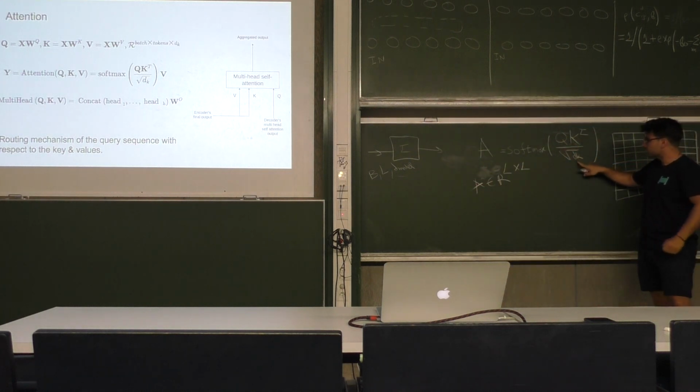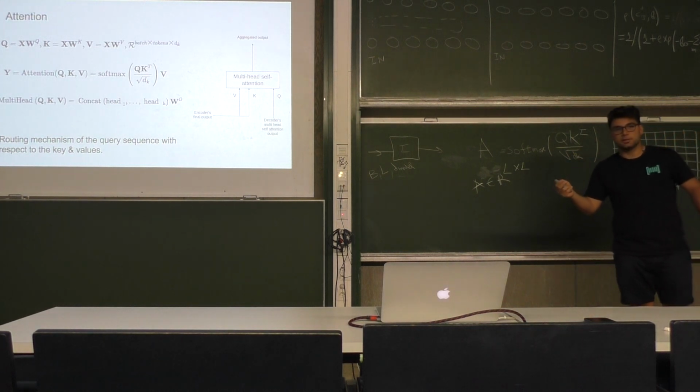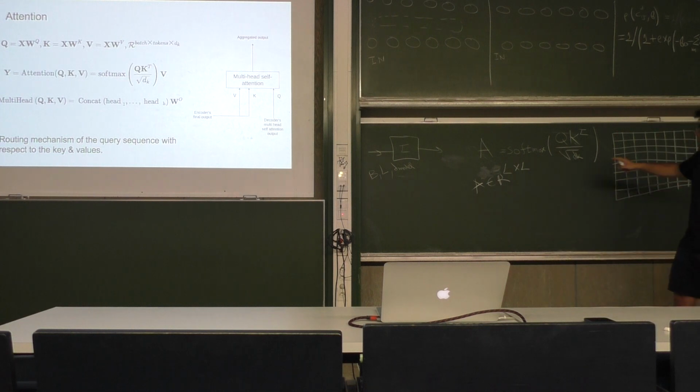And just a small recall, this division with this factor is to scale down instabilities that arise from this large matrix multiplication.